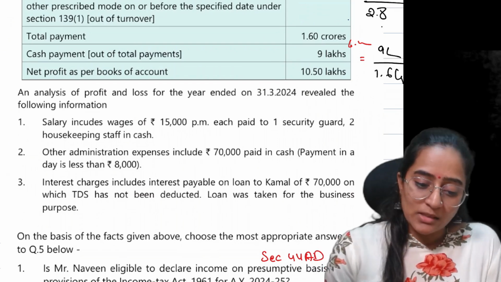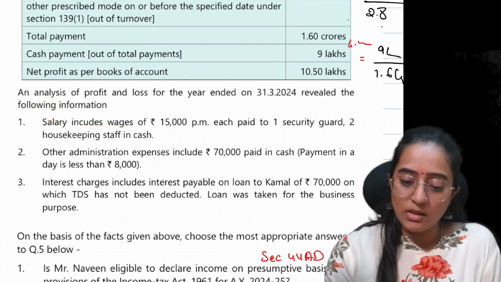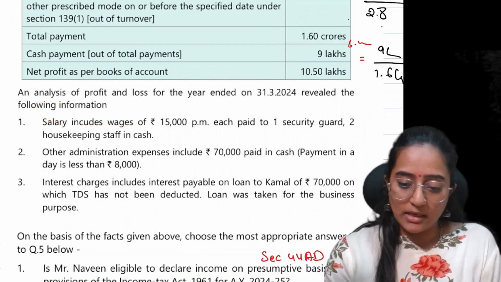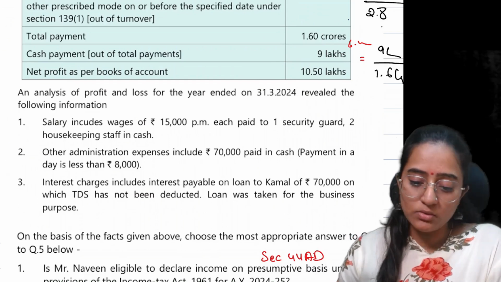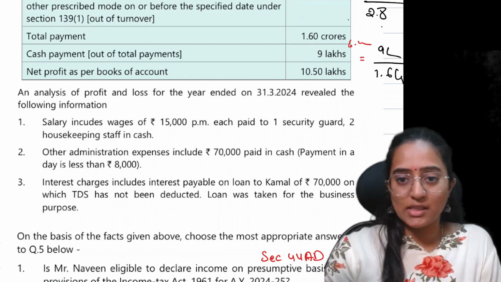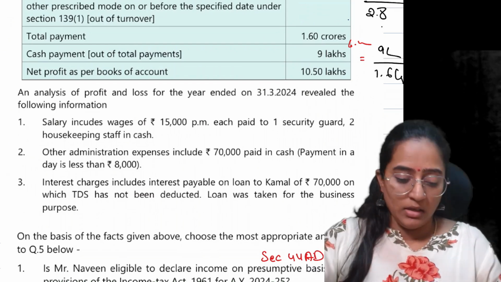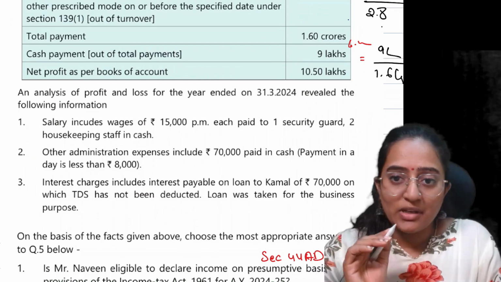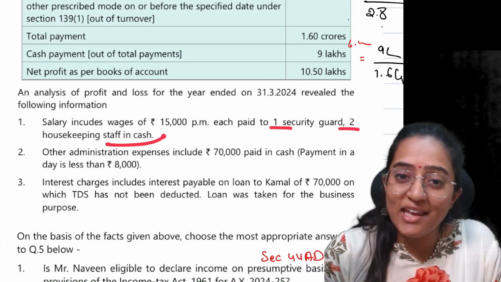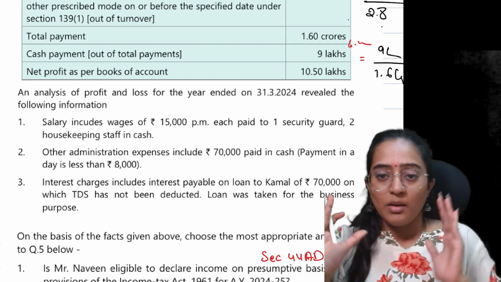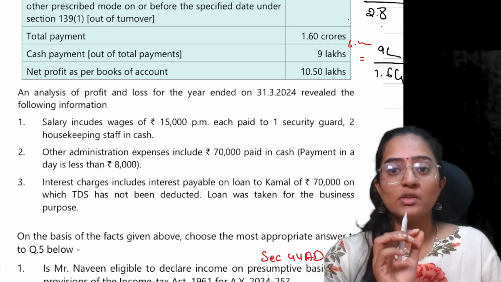Simple as that. Salary includes wages of 15,000 per month, each paid to one security guard and two housekeeping staff in cash. Because if you're paying in cash, people, you can pay up to 10,000 rupees.